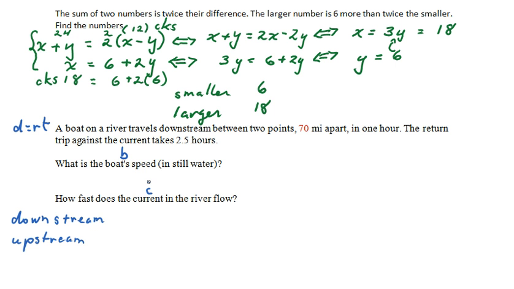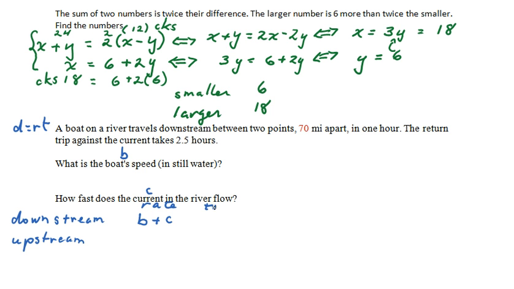It says a boat travels downstream between 2 points 70 miles apart in 1 hour. So going downstream, the rate would be the speed of the boat plus the speed of the current.